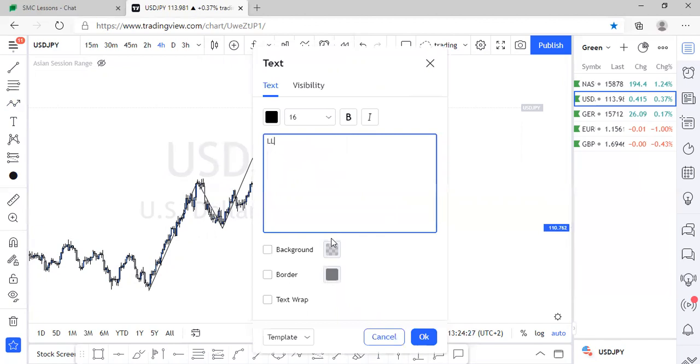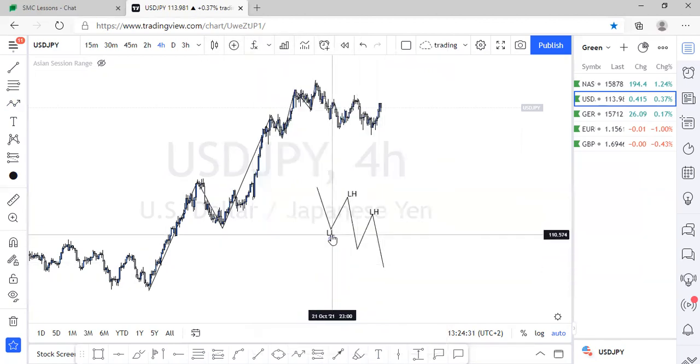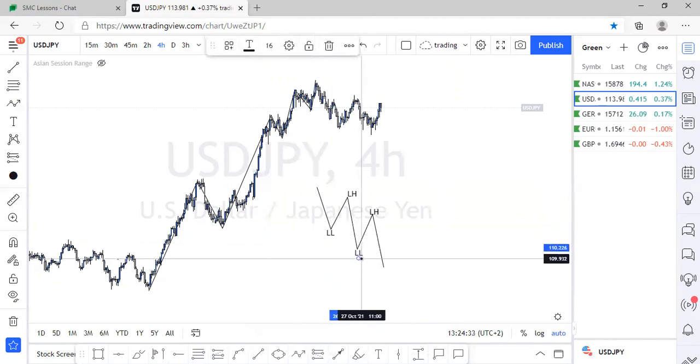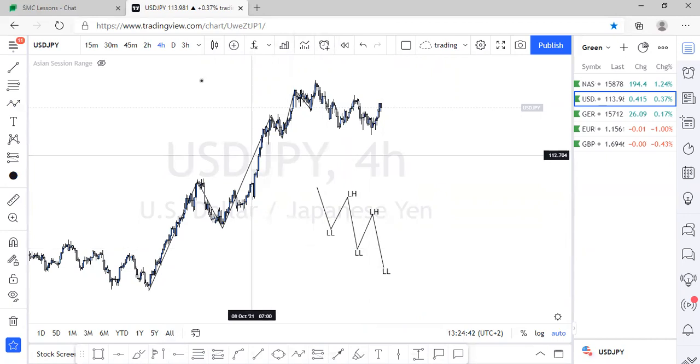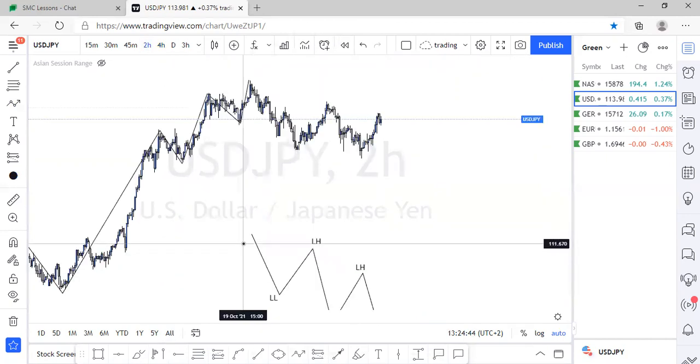So this is how the structure is going: breaking previous lows, respecting the highs, breaking previous lows, respecting the highs, breaking previous lows, respecting the highs, and so on. So this is the lower low. This is the structure that we currently have here.